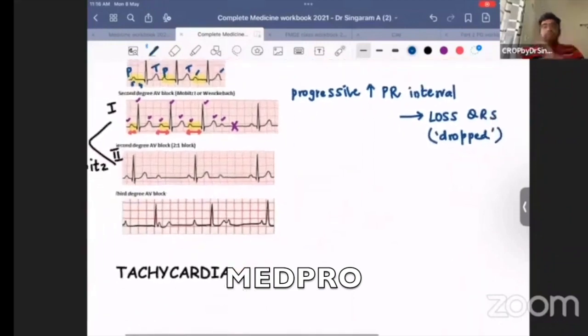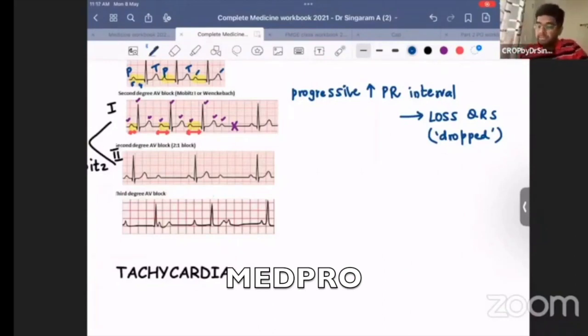If I want to put it in terms of electrical conduction, the conduction through the AV node is progressively delayed, and at one stage, no impulse from the atrium is getting conducted to the ventricles. This is what we call second degree heart block, Mobitz type 1.